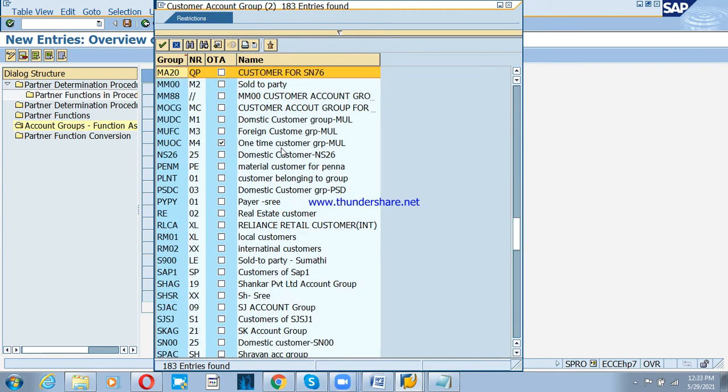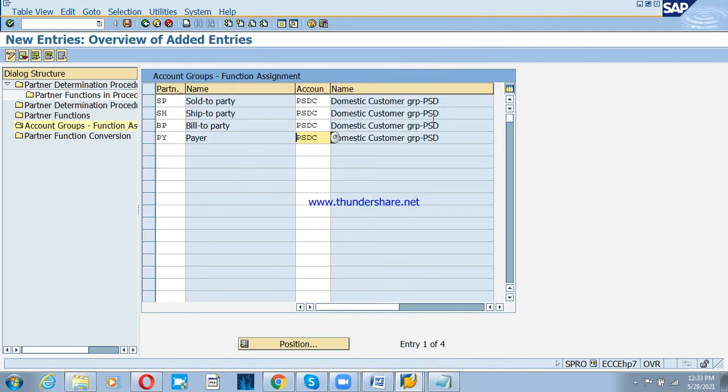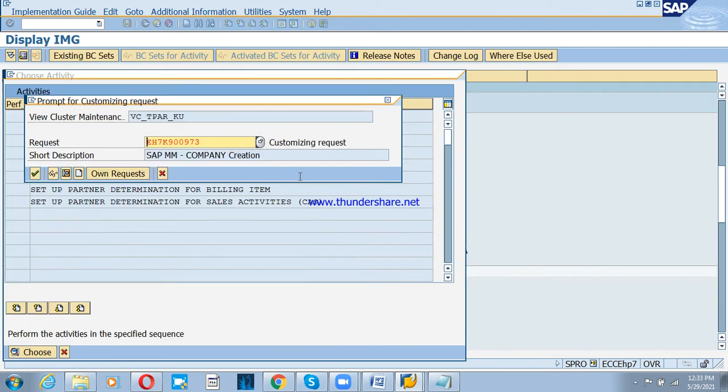Only one group is there, that's it. I created only one group because there was a problem with the server. All configurations I did newly in the new server. That's the reason I created only one group, so that I assign with this partner function.